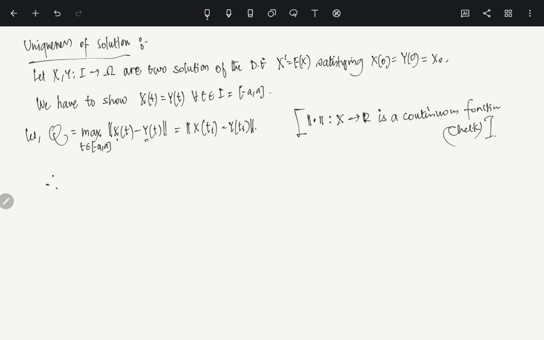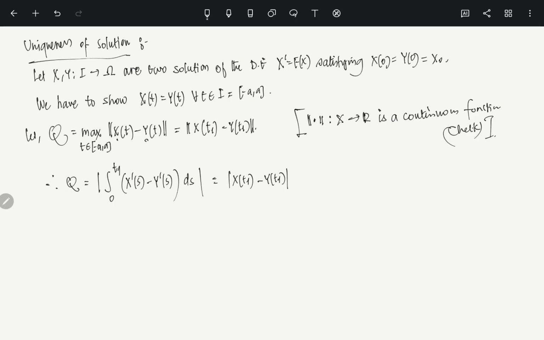Okay, so now you see q, I can write it as the integral from 0 to t1 of x prime of s minus y prime of s ds, right? Why? Because this is nothing but the norm of x(t1) minus y(t1). Clear? Okay. Fine.